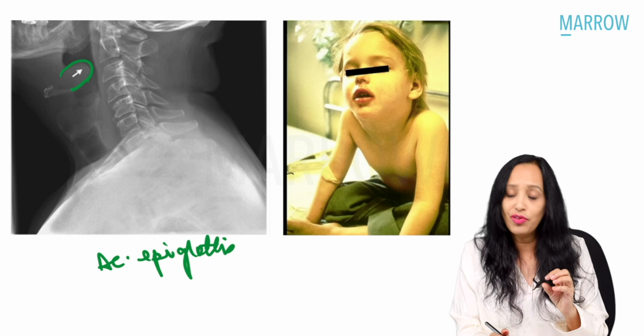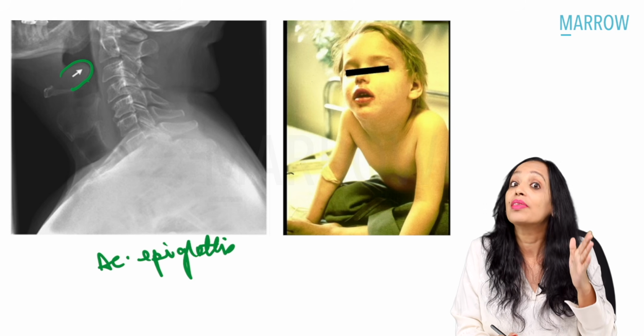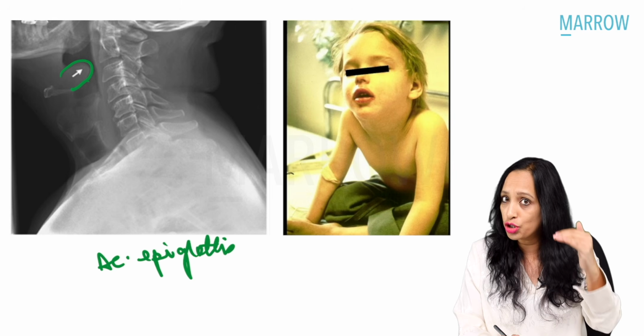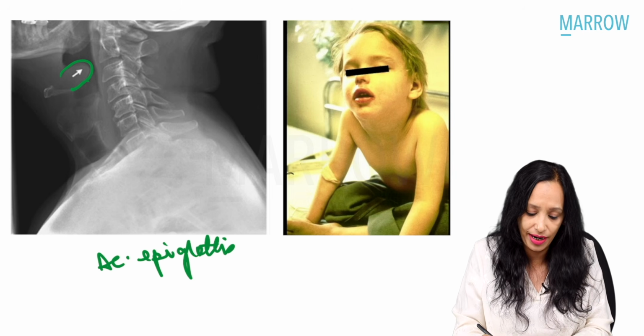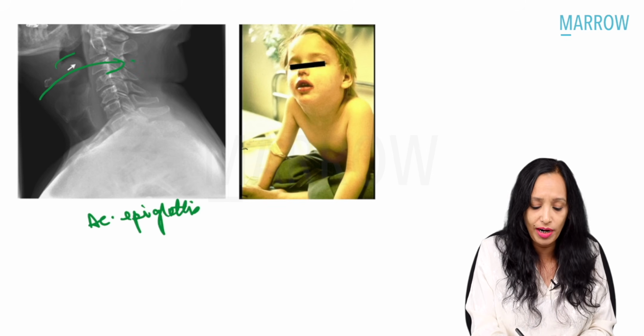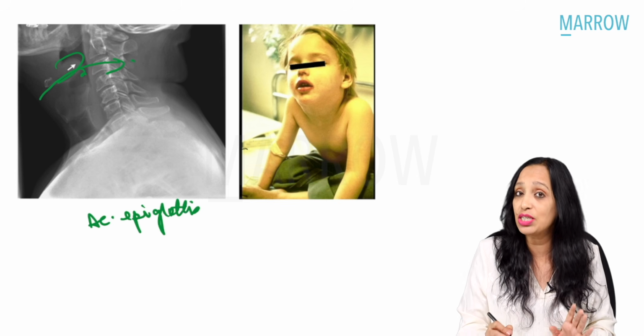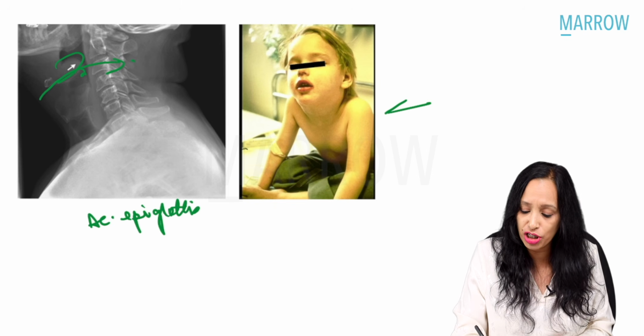Yes, here because of the swollen epiglottis, will the patient have stridor? Yes, what will be the stridor? Inspiratory. Whenever the obstruction is supraglottic, it is inspiratory stridor. And also see the epiglottis here. Whenever this patient will lie supine, what will happen? The swollen epiglottis will further block the larynx and the stridor will increase. That is why this patient will always prefer this position.